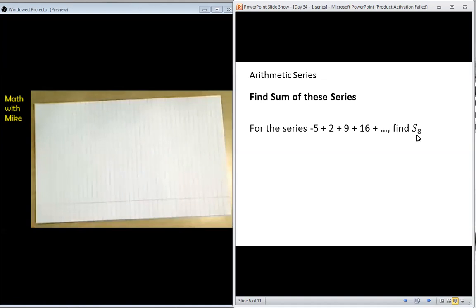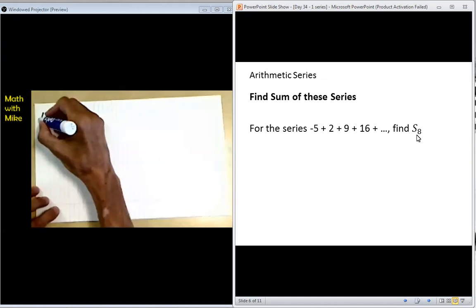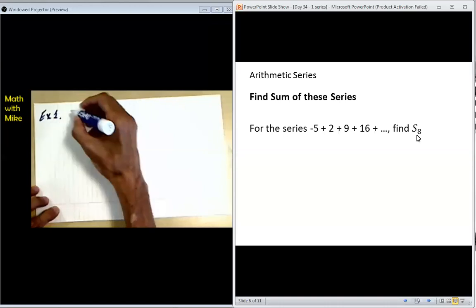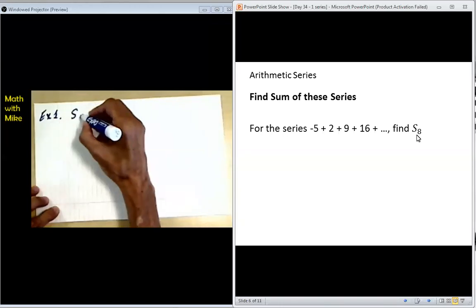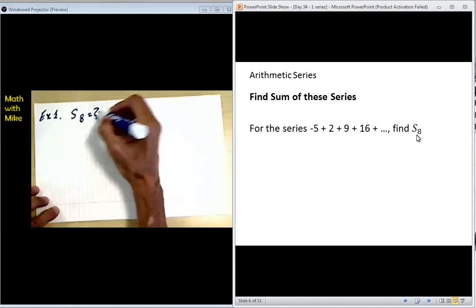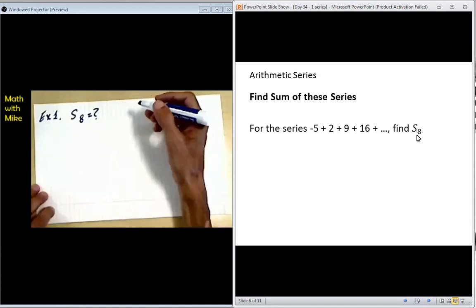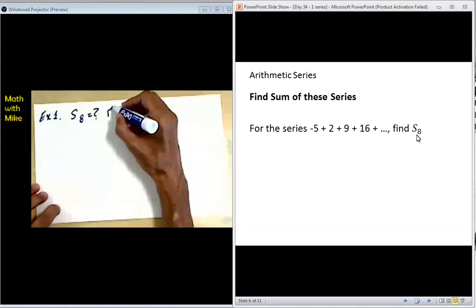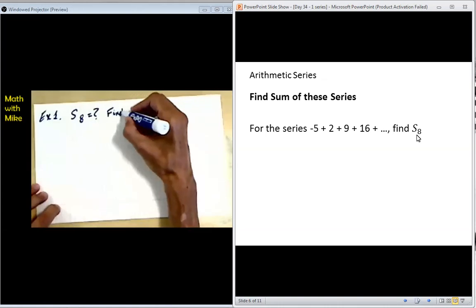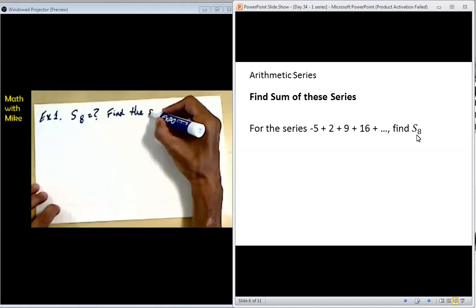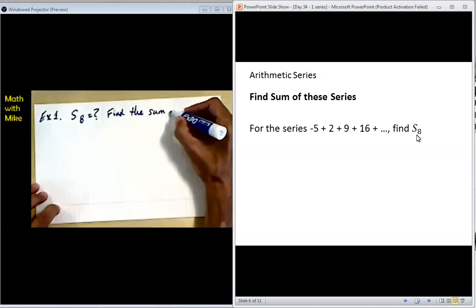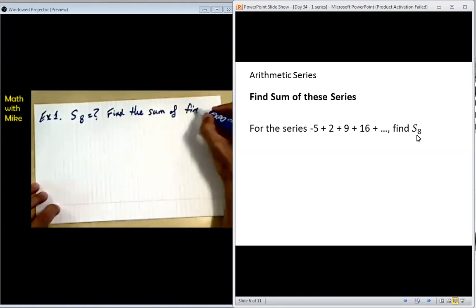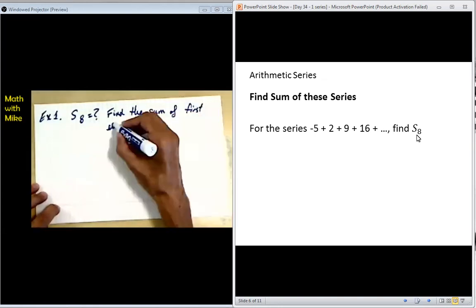Okay. So for example 1 here, it says S8 is equal to what? And what this little symbol means is find the sum of the first 8 terms.